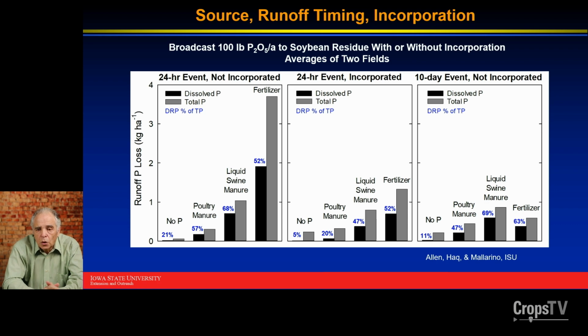We saw this in many trials. Really, just having that phosphorus sitting there on the soil surface reduces the losses of total and salt P, because the fertilizer reacts with the soil. It's not necessarily fixed. There's not much fixation in Iowa.